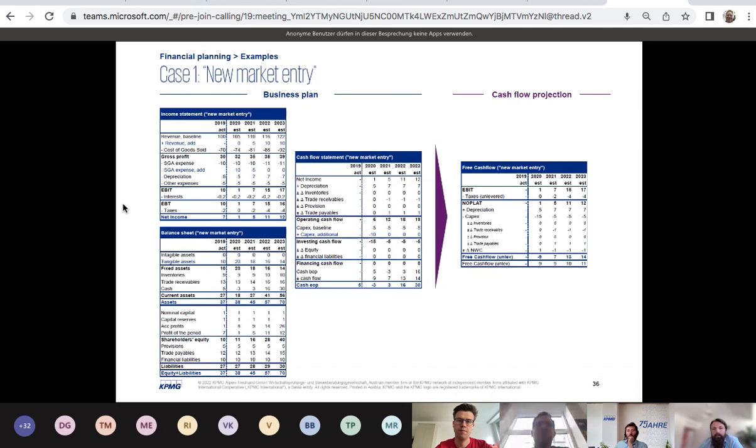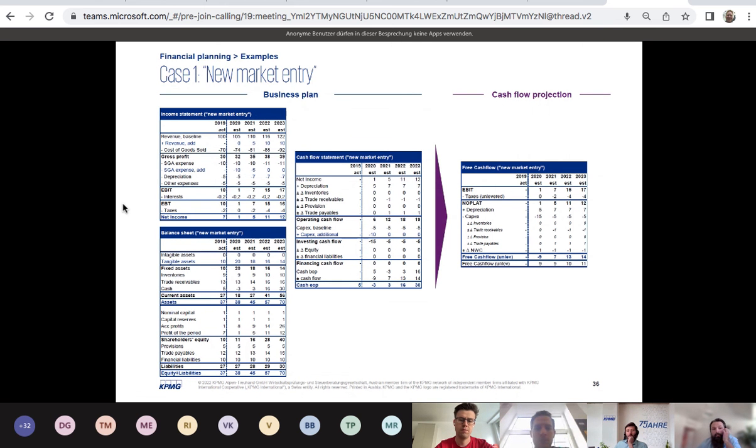And the key message here is, I guess, you should take all the effects, consequences and implications of your scenario into account. Not only the additional revenue and the additional cost in this case, but also the investment and any other consequence that might come with it.